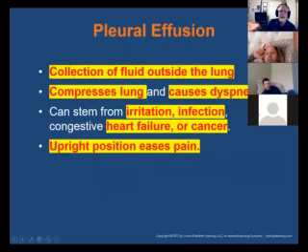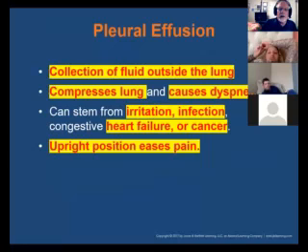Pleural effusion, that's collection of fluid outside the lung in the thoracic cavity. We're not going to be able to see this pre-hospitally. We're going to treat the symptoms of it. It compresses the lung, so your patient becomes dyspneic. They're having difficulty breathing, shortness of breath. They will tell you I can't breathe or can't catch my breath.